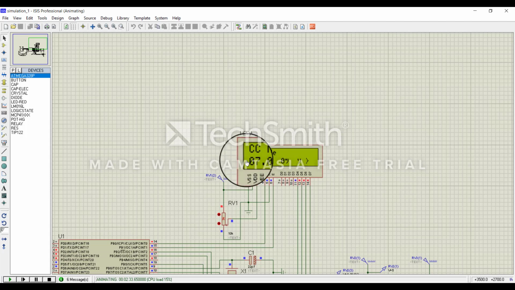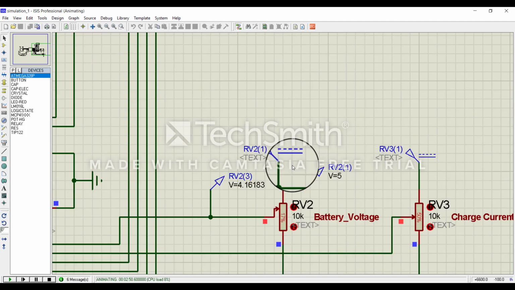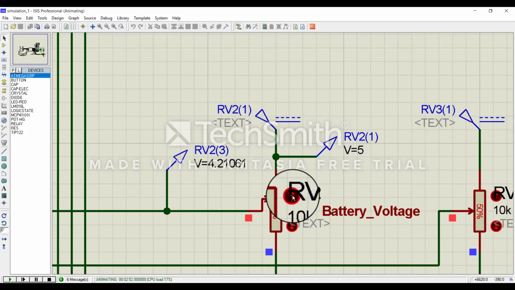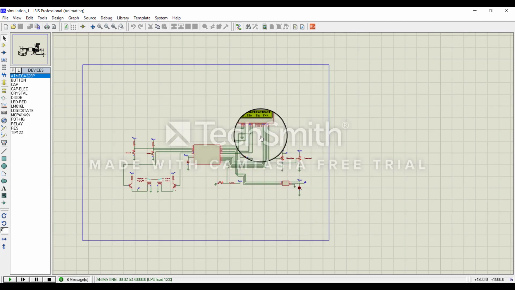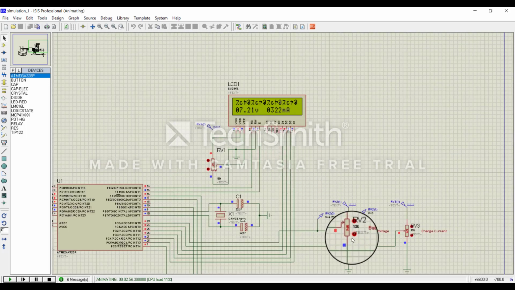Currently the voltage is rising and it has reached almost 7 volt. For our convenience, we will further raise the battery voltage. As it is taking averages, we will reach our destination at a somewhat faster rate.